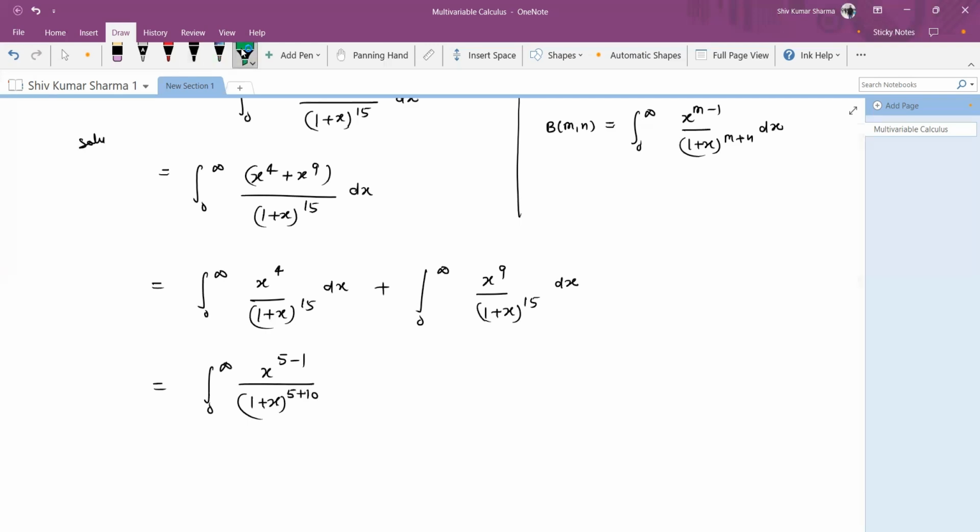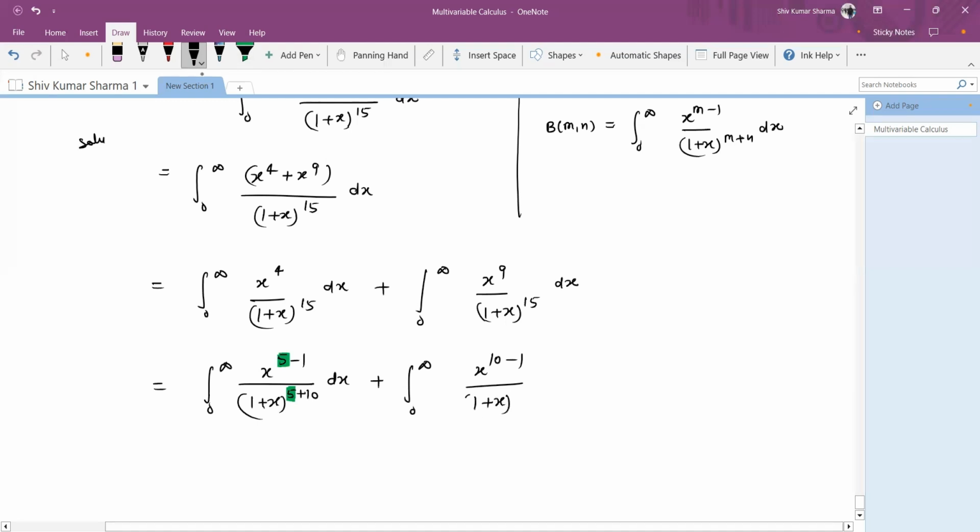These two values remain the same. Similarly, for the second one we write 10 minus 1 upon 1 plus x raised to the power 10 plus 5 into dx, where these two values remain the same. So this is equal to beta 5 comma 10, plus this integral equal to beta 10 comma 5.